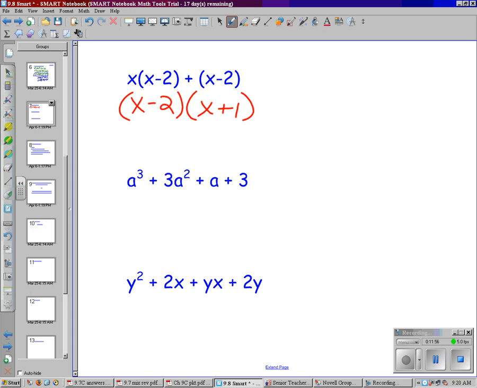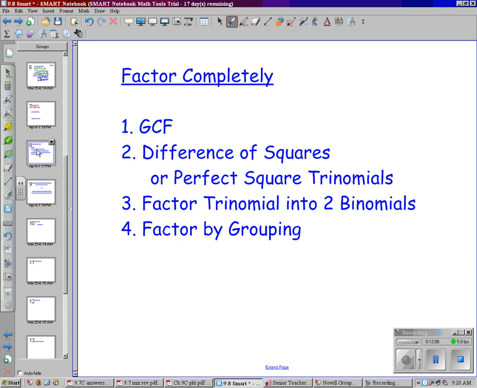Okay, so are we okay? Go on. These are the things that you need to think about to factor completely. Every time we start doing homework, I talked to you about GCFs. So you must find the GCF, take it out if you can, put it out front. Then, look to see if there's a pattern.